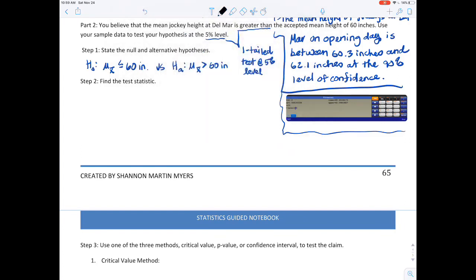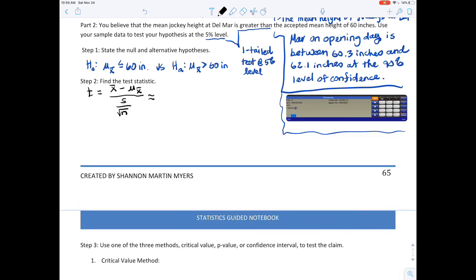So if you recall, when you do it by hand, the test statistic will be T equals what? You remember? It'll be x bar minus mu x bar over s divided by root n.